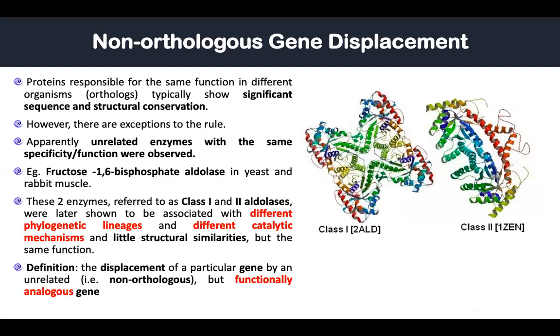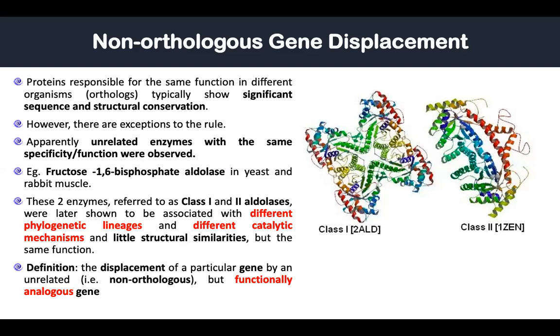If you remember from our previous class, this was what we discussed. Usually when proteins have the same function, they have sequence similarity, and the structure of the protein is also very similar. However, there are some exceptions to the rule. Apparently, even unrelated enzymes with the same function have been observed.